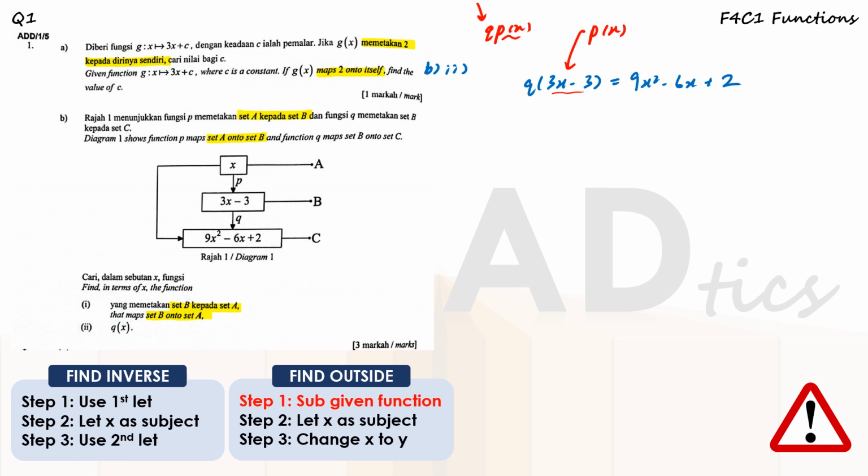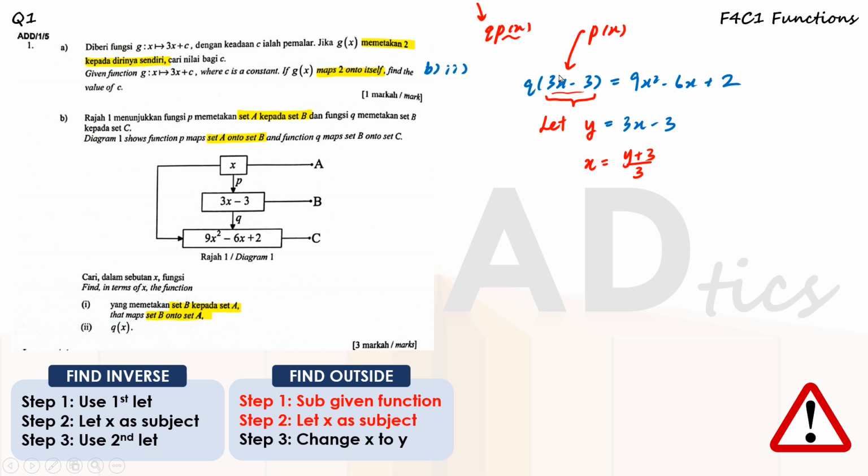So the second step is to let x as the subject, but before that, we need to let the thing inside this bracket become y first. Alright, and then we let x as the subject. Okay, then for the third step, we should change everything here which has x to become y.